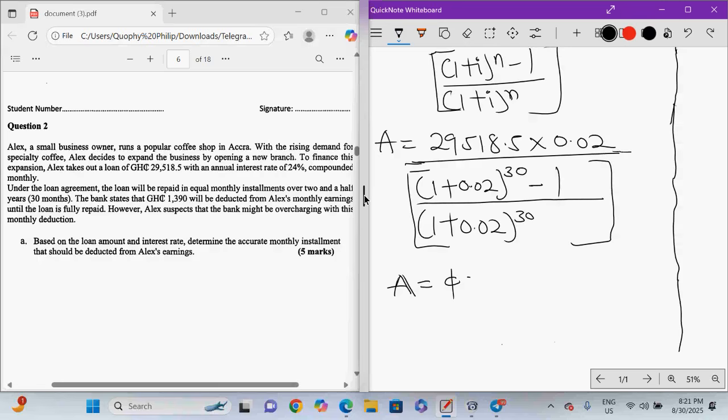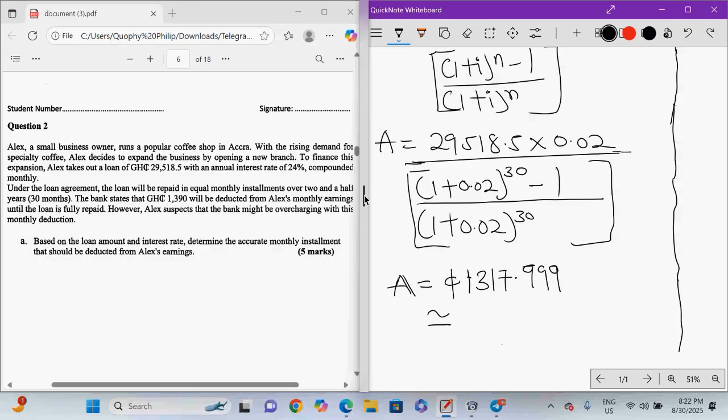It is 1,317.99. Mention the figures one by one, please. 1,317.99, and 998.731.